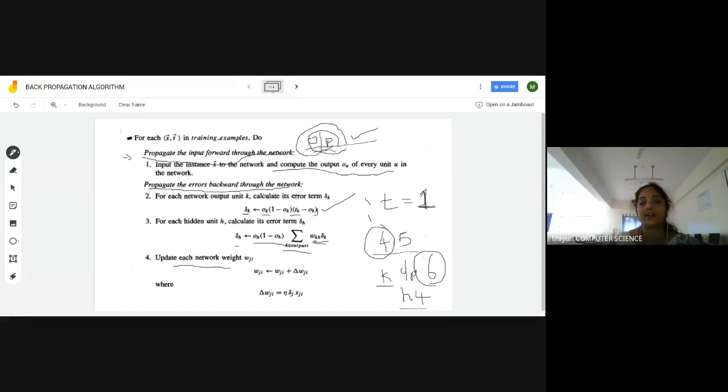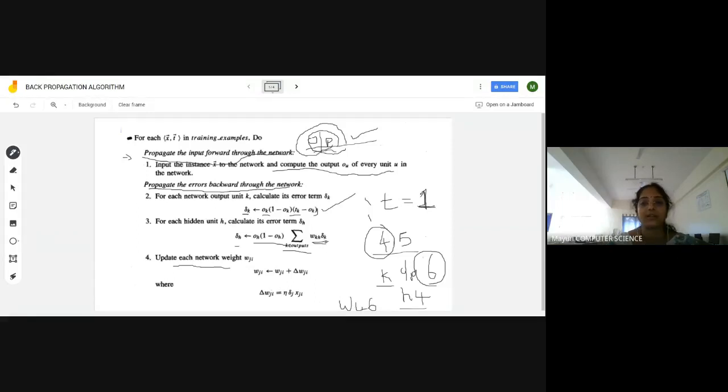So the weight that corresponds to KH, traveling between 6 and 4, is W46. Both are the same.